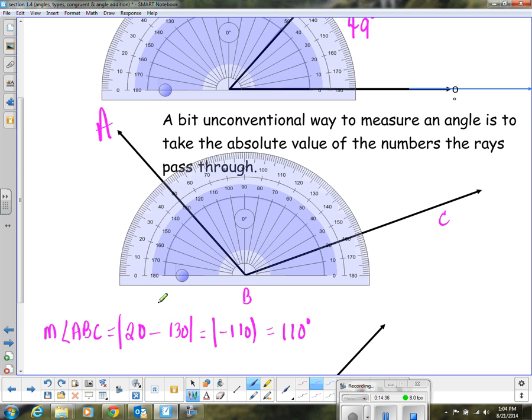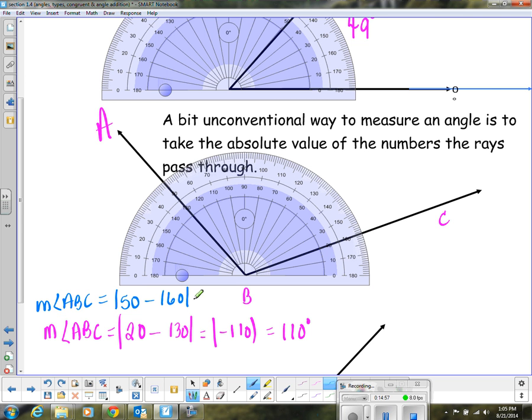Now, how else could I have done that? Well, I could have said the measure of angle ABC is equal to, now I'm looking at the outside numbers. This looks to me like 50 minus, I come over here, this looks like 160.